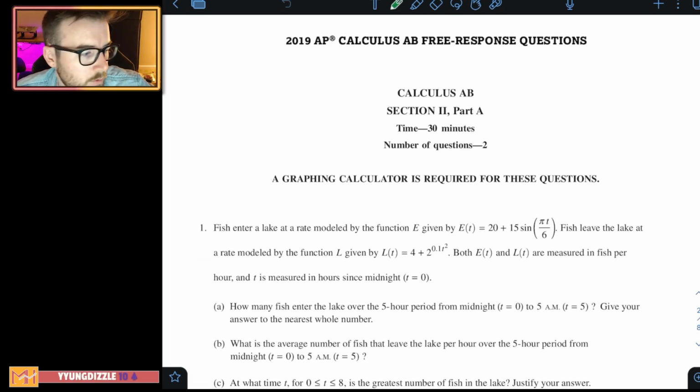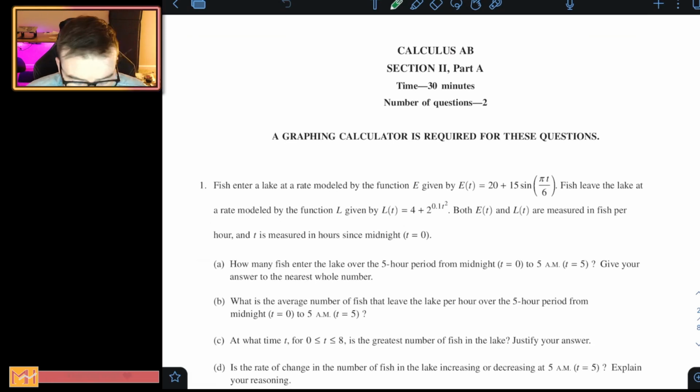So I'm looking at question number one from the 2019 test. Fish enter a lake at a rate modeled by the function E given by E of t equals yada yada. Fish leave the lake at a rate modeled by the function L given by L of t equals yada yada.